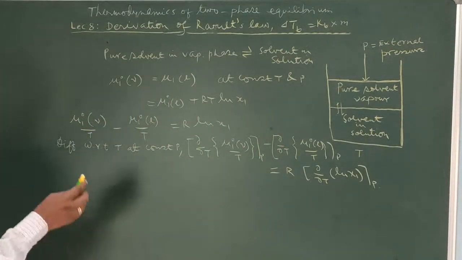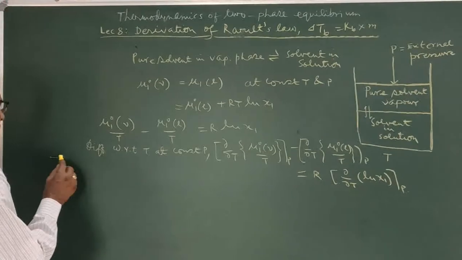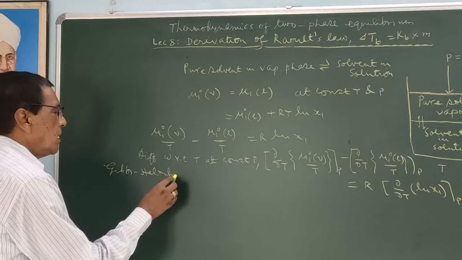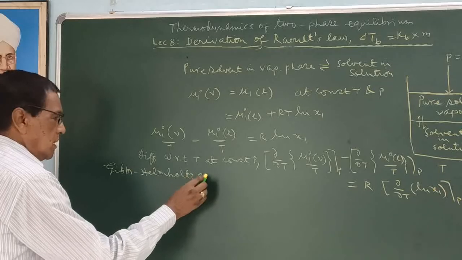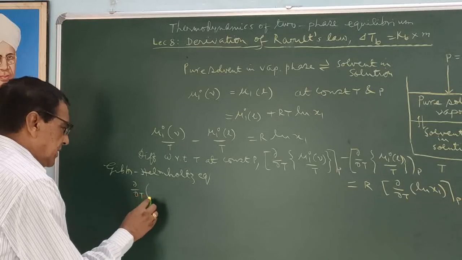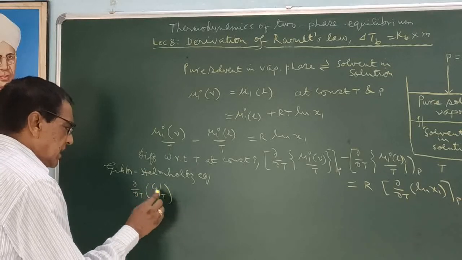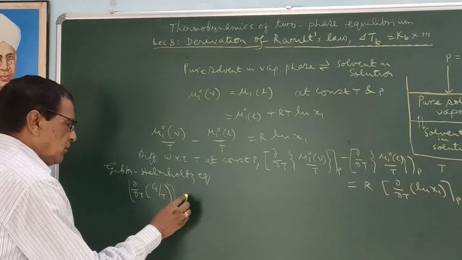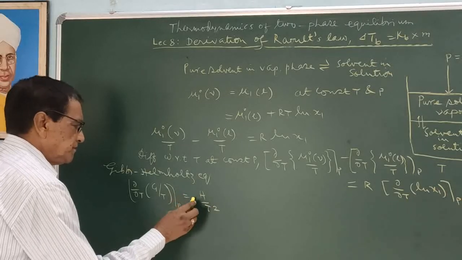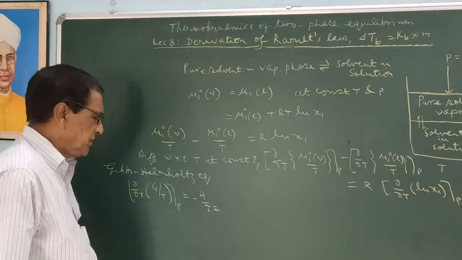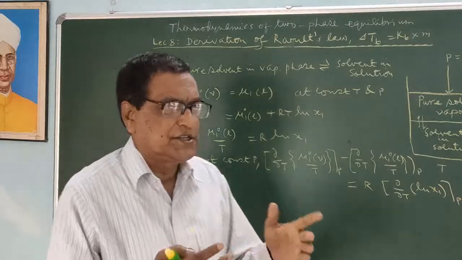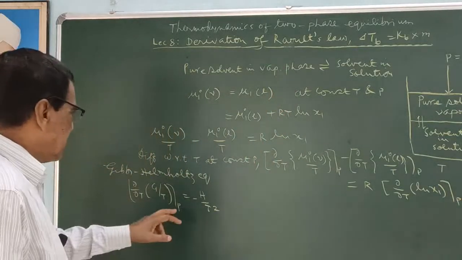The Gibbs-Helmholtz equation is del by del T of G by T at constant pressure equal to minus H by T square, where G and H are the free energy and enthalpy of a state of the system, and pressure is constant.